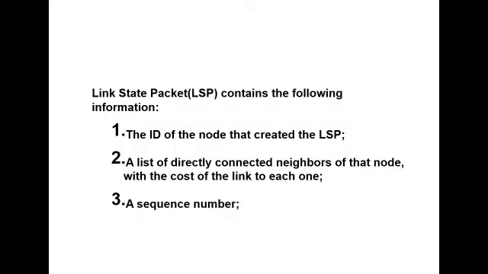So a link state packet, LSP, is generated by the routers, which consists of the ID of the node which created the LSP, the directly connected neighbors of that node, and the cost, and a sequence number, which is also very important. Why do we share a sequence number? So these entities are shared in one LSP packet.